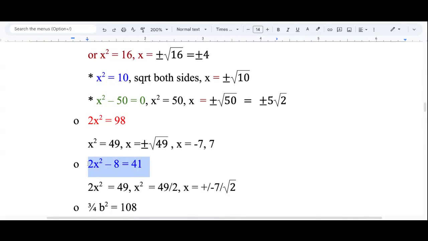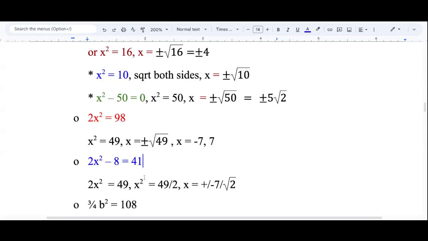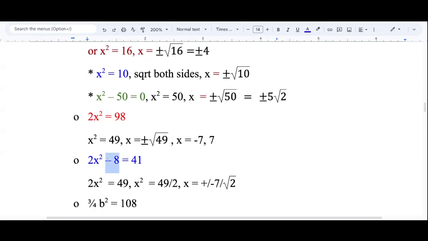Or if we start with this, we want to move 41 to the left-hand side. Actually, this is saying we want to move the negative 8 to the right-hand side. Then it becomes 41 plus 8. So that becomes 2x squared equals 49. We divide by 2, x squared equals 49 divided by 2. Then x equals plus minus 7 divided by square root of 2, right?